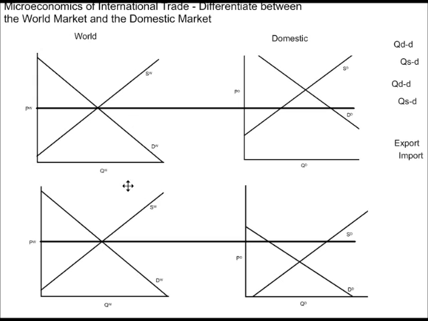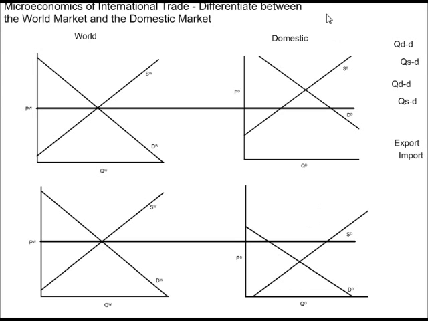We've got the world demand and supply in equilibrium at PW, but notice that for this first good up here, we've got that the world price is below where domestic demand and domestic supply intersect. Whereas down here, we've got that the world price is above the point where domestic demand intersects with domestic supply.